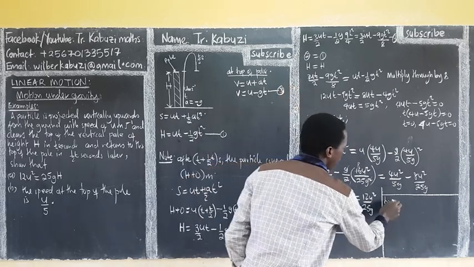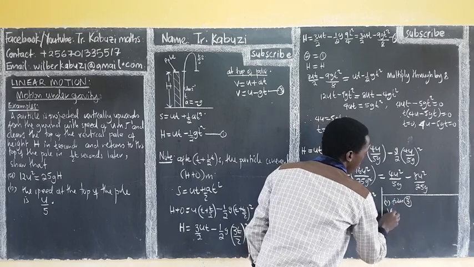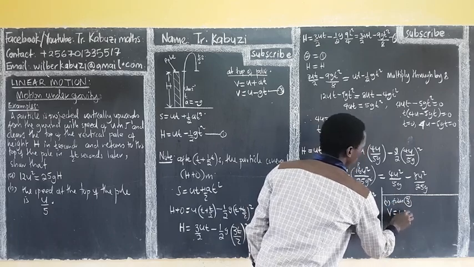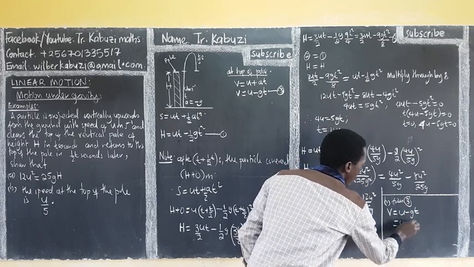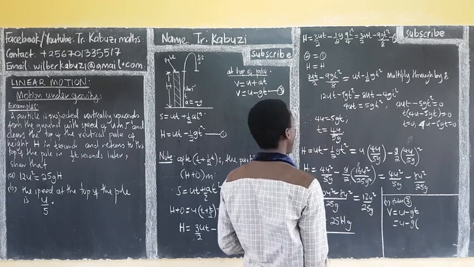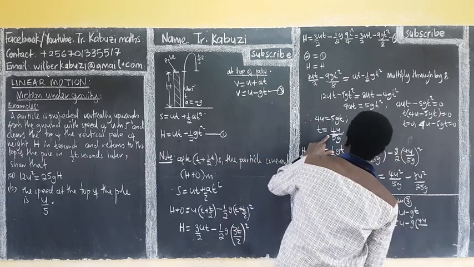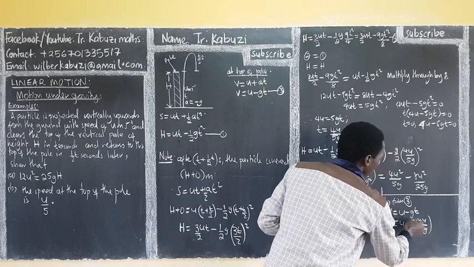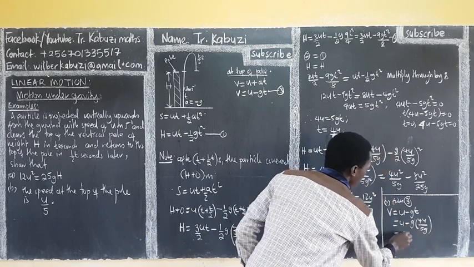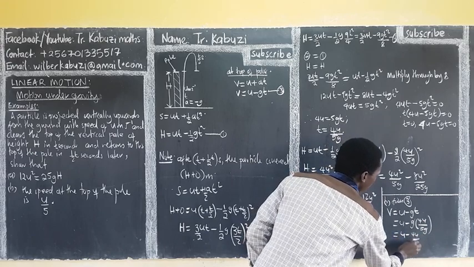So from 3, my v is going to be u minus g t, which will be u minus g into my t, which is 4u over 5g. This g will cancel. I'll be having u minus 4u over 5.